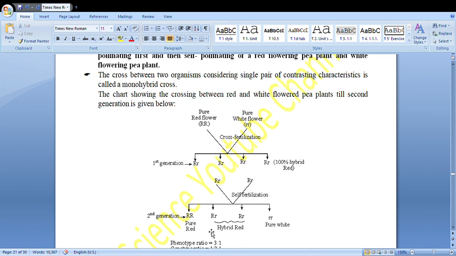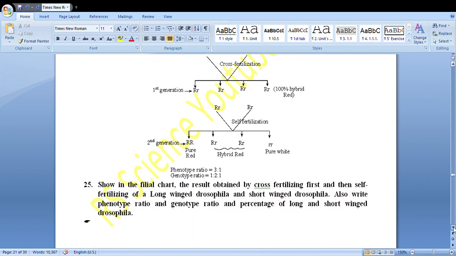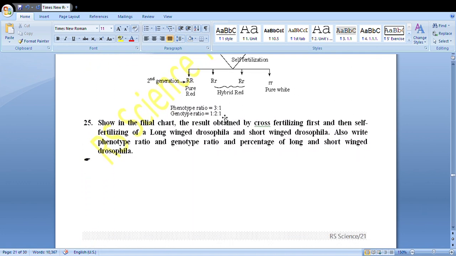So there is possibility of pure capital RR, two are capital R small r and one is small r small r, because capital multiply capital gives capital capital, capital multiply small gives capital small, small multiply capital gives capital small, small multiply small gives small small. So small small is pure white, capital capital is pure red, and mixing is hybrid. Phenotype ratio 3:1, genotype ratio 1:2:1.